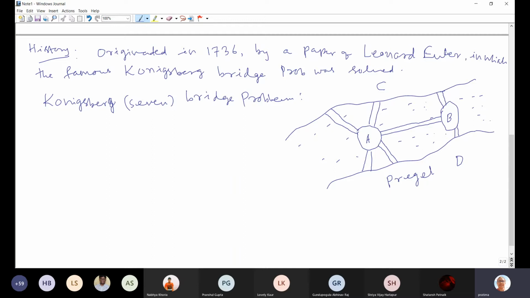Whether it will be possible. Land areas means A, B, C or D, any of them.